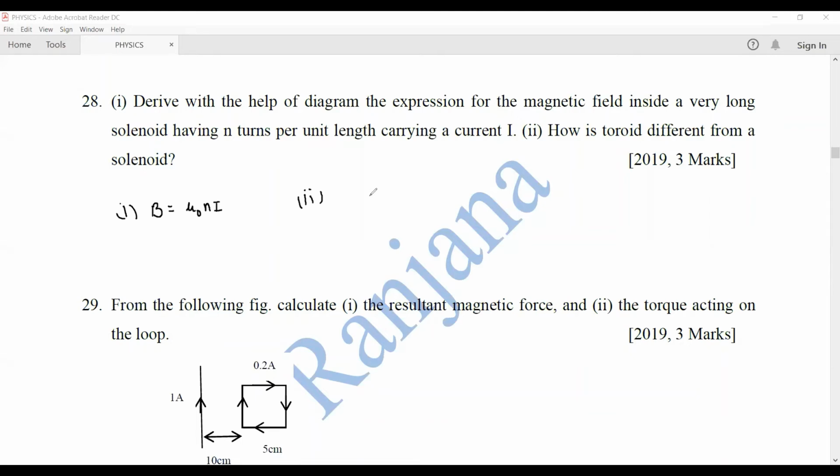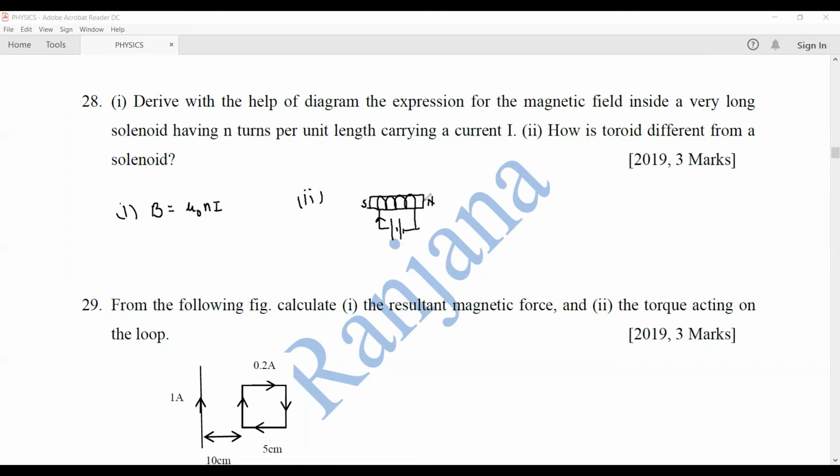A solenoid acts like a bar magnet. This is the current carrying solenoid. The magnetic field lines of a solenoid are similar to those of a bar magnet. One end of the solenoid will act like a south pole and the other end will act like a north pole. Looking from this face, if the current is in the clockwise direction, this end will become the south pole.